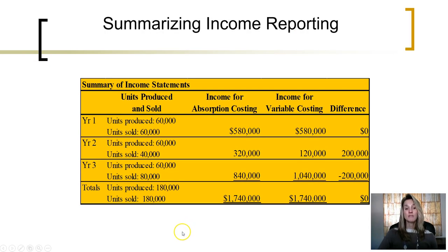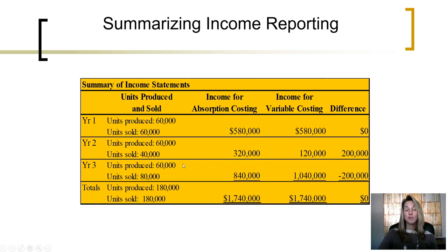Looking at a summary of the 3 years, notice that in a year when production and sales are equal, income will be the same under both methods. But when production exceeds sales, absorption costing will result in a higher net income because some of the current year's fixed overhead is absorbed into ending inventory.